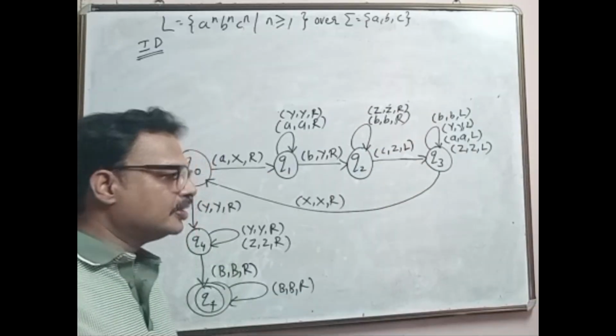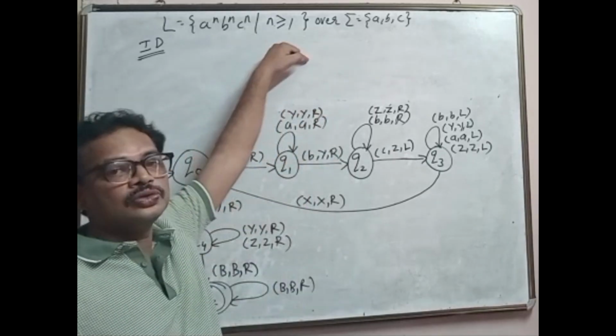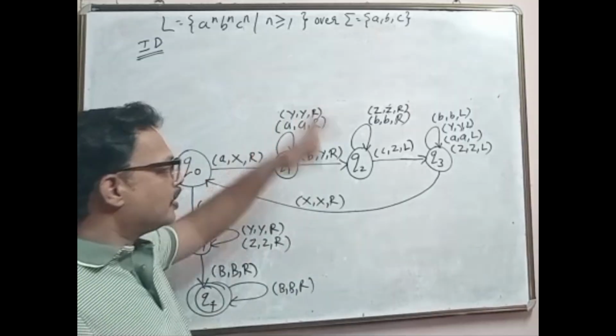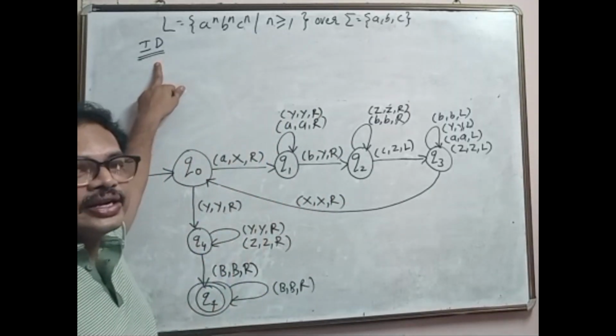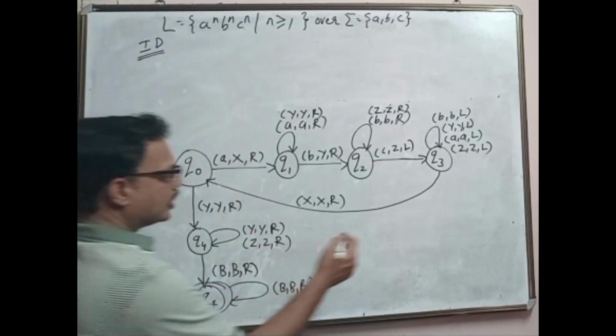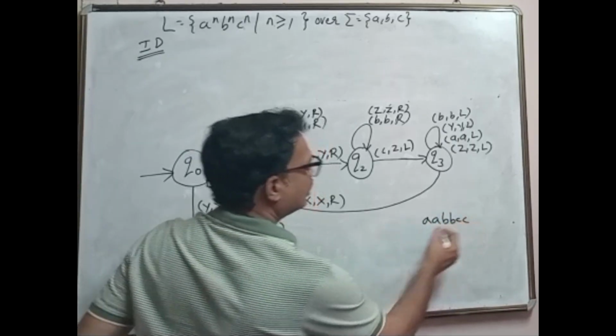Yeah, welcome back. So one part of the solution we have seen with respect to designing Turing machine for the given language. The second part I was discussing in my previous video, that is how to write instantaneous description, so-called ID. Now let us take one small string, that is AABBCC.